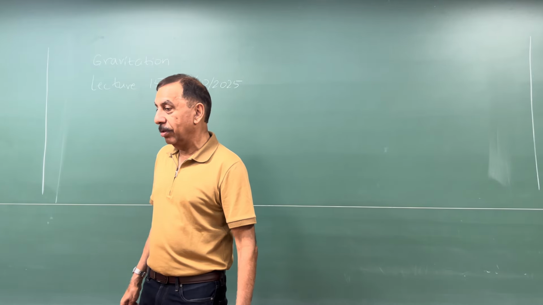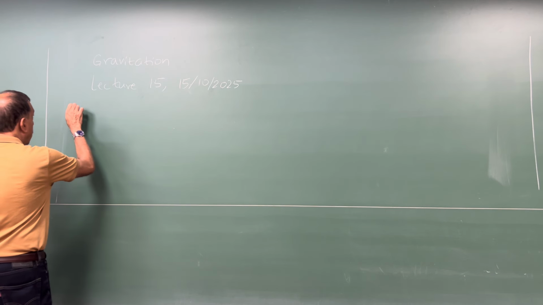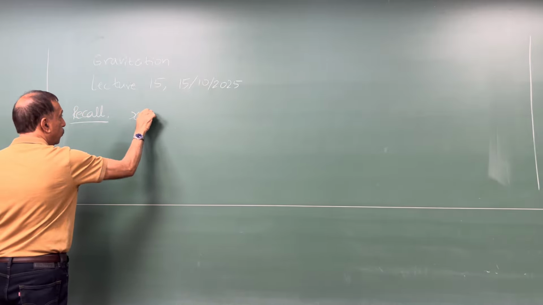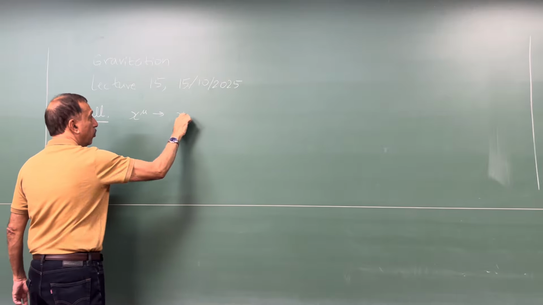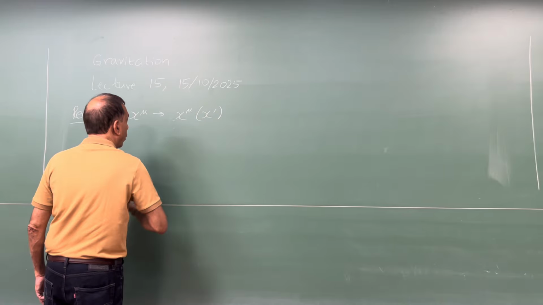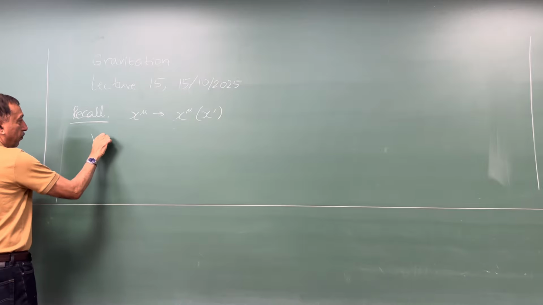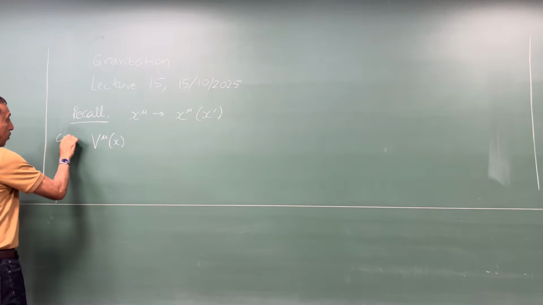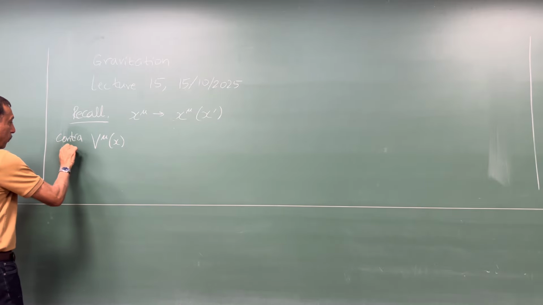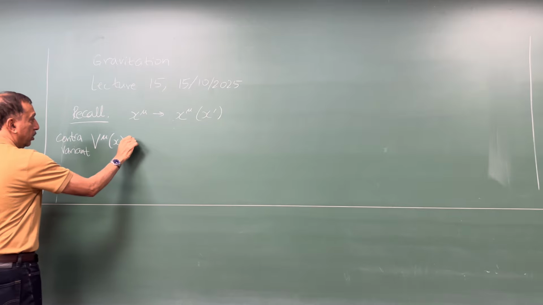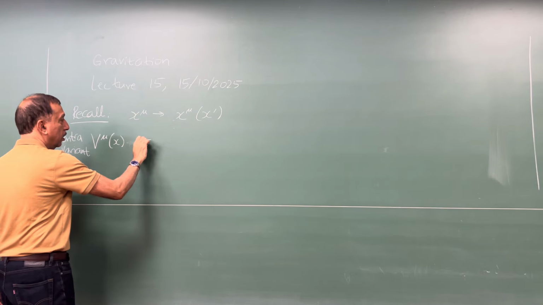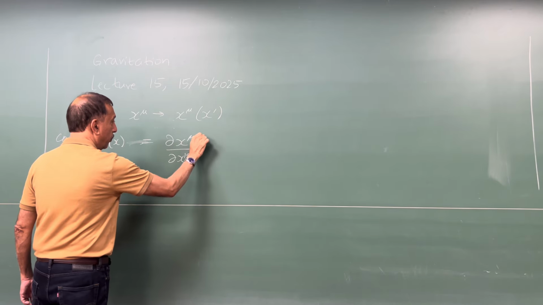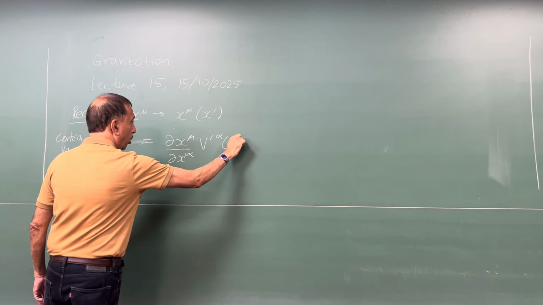So now we are going to just remind ourselves of a few formulae. One of them is the transformation rule under change of coordinates: x mu goes to x mu of x prime. And we had defined V mu of x, called a contravariant vector, and this is equal to del x mu by del x prime alpha times V prime alpha of x prime.